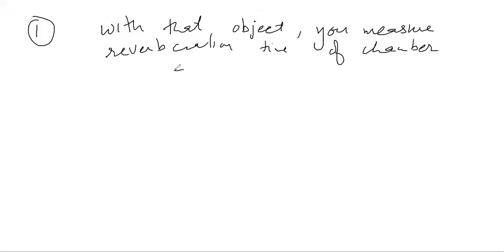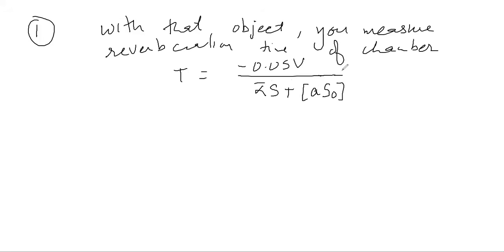In terms of expression, you will have something like that. Let's say that your chamber itself has some absorbing power, which is given by this expression. And with your object, let's say that your object has an absorption coefficient of A and a surface area of S naught. This would be your reverberation chamber with the object here.